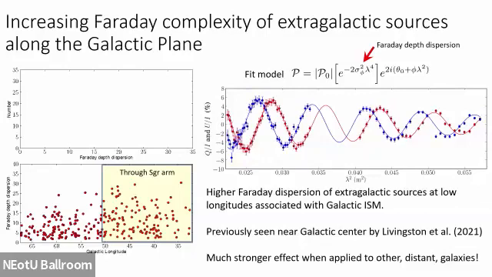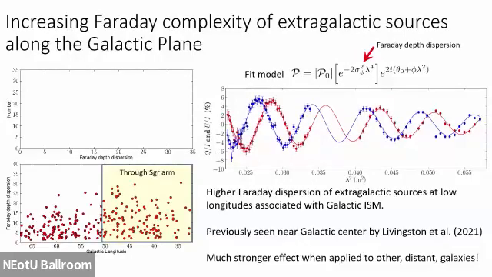So we see this is one of our very high signal-to-noise THOR sources. It behaves a bit like a damped harmonic oscillator where the oscillation wavelength is the rotation measure and the damping has to do with this sigma, the Faraday depth dispersion.